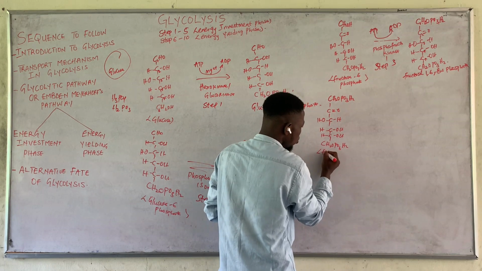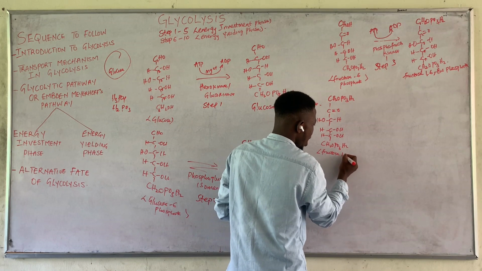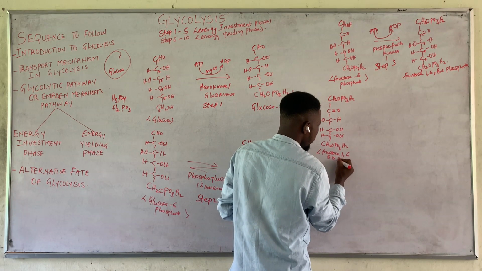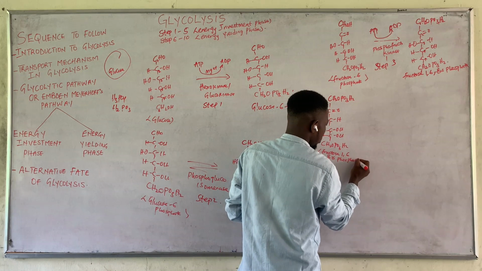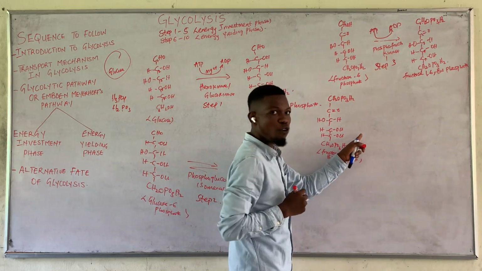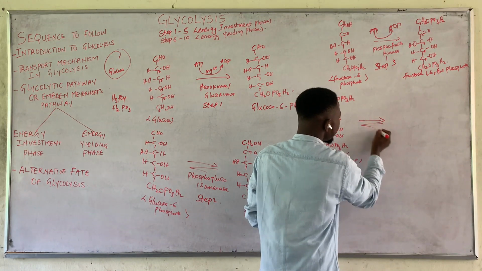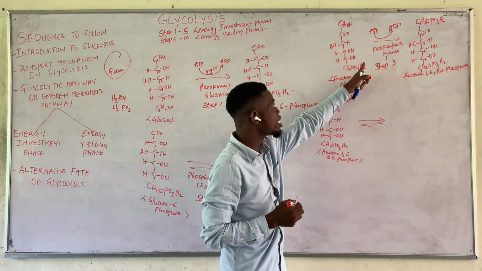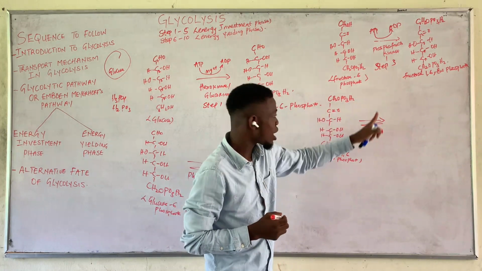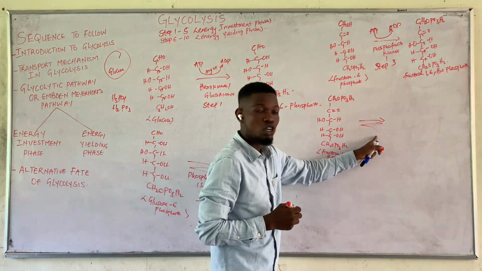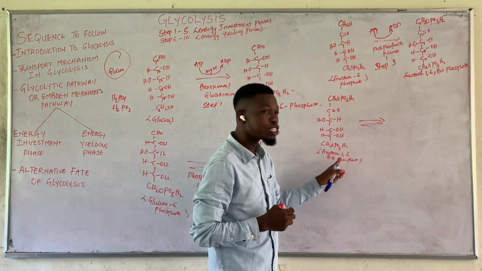So this is our fructose 1,6-bisphosphate. Step 4 of the pathway is also reversible. Step 3 is irreversible. Now step 4 is reversible. So which enzyme will act on the fructose 1,6-bisphosphate?